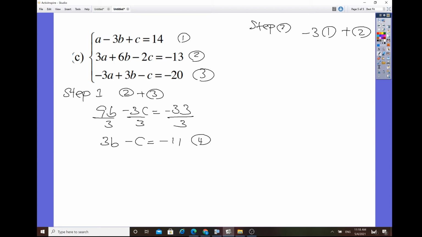So we do have negative 3a plus 9b minus 3c equals negative 42, since 3 times 14 is 42.